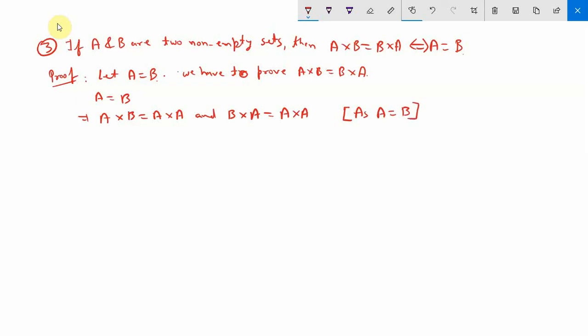Okay. So A into B will be equal to A into A, and B into A will also be equal to the same. So from this we get A into B equal to B into A. Okay. So next we will try to prove the converse.